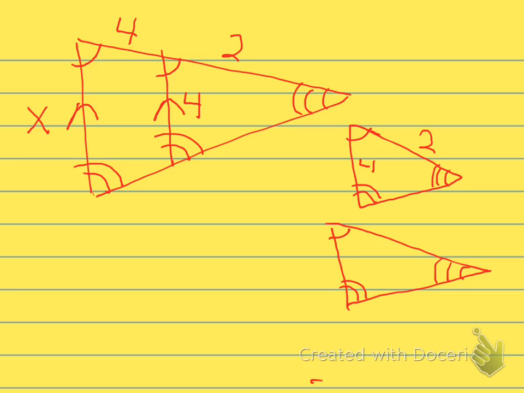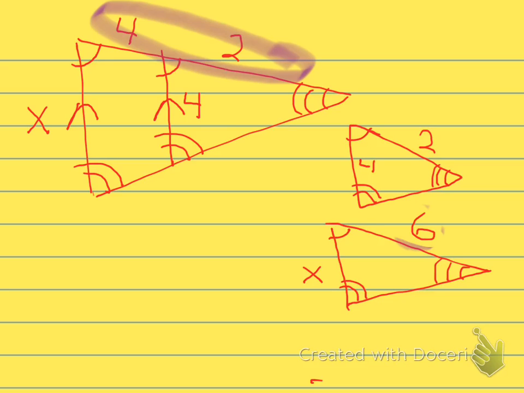Its left side in this case is x. Now, the missing side here is actually the 2 plus the 4. So what I'm going to transfer over here is 2 plus 4, which is 6. That doesn't show up very well, so let me rewrite that in red.